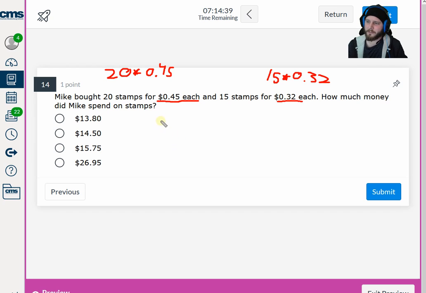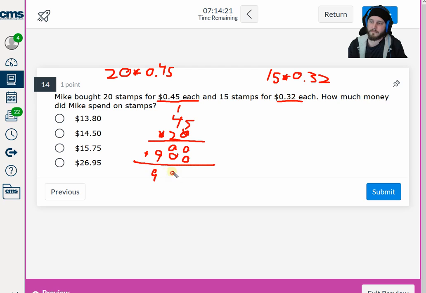We're going to multiply 45 by 20. 0 times everything, 0. Placeholder 0. 2 times 5 is 10. 2 times 4 is 8, plus 1 is 9. Add those together. And I know there should be 2 decimal places because this number had 2 and this one had none. So $9 for those stamps.